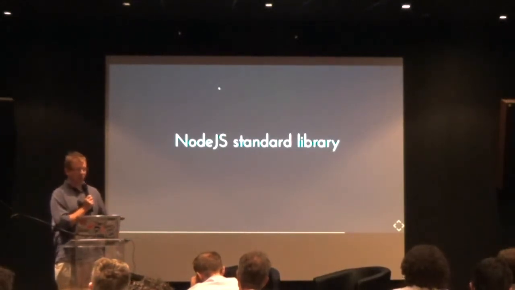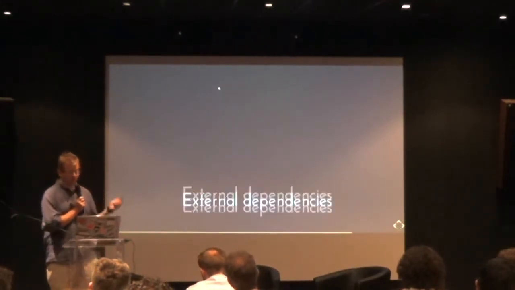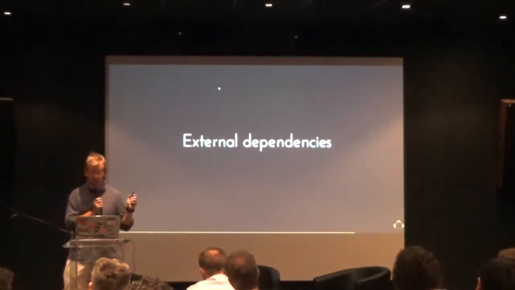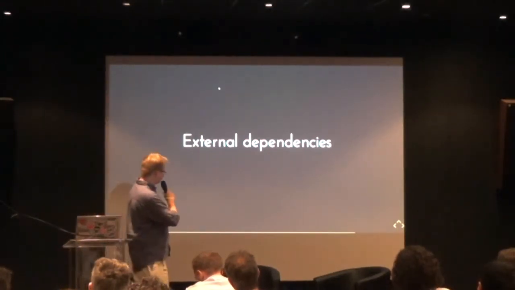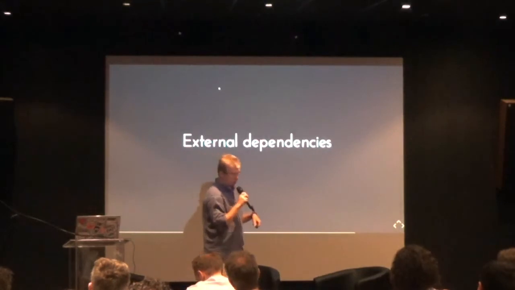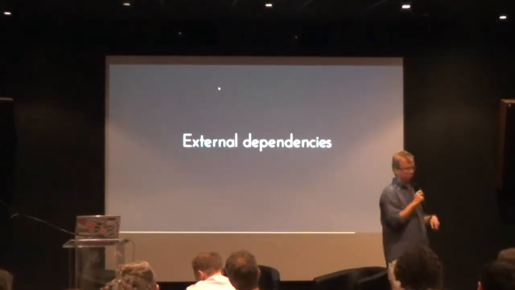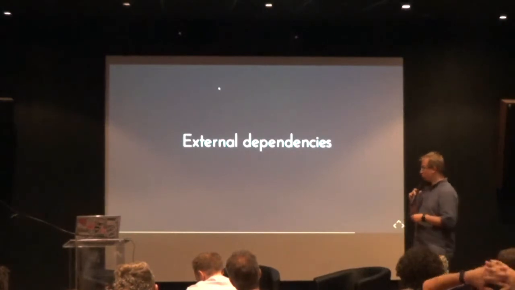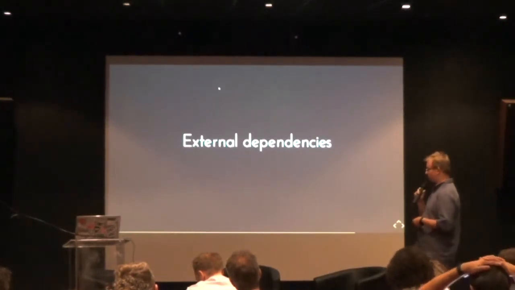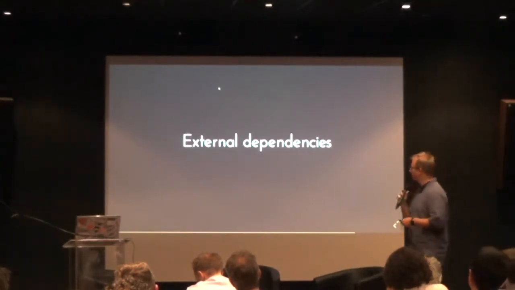We can check if a file exists on the disk and stuff like that. And the other thing is using external dependencies that we can find on NPM, which we don't use so much, but there are a couple of places where we use them. For example, for doing HTTP requests with a more promise-based API, and we use an external dependency for parsing some files. Yeah, that would be it.